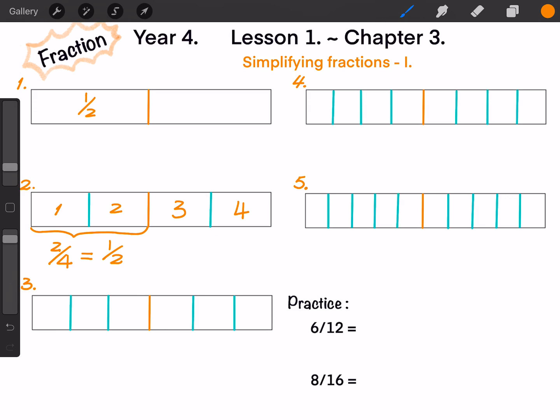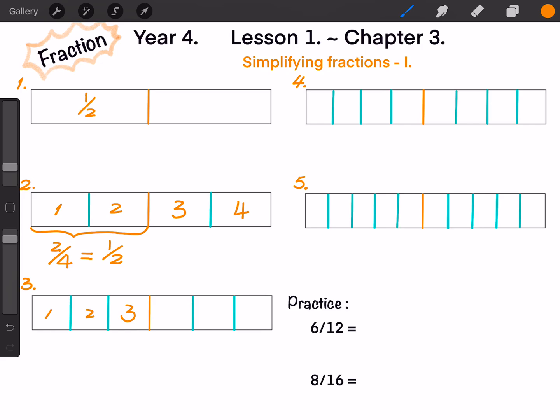Nice. Now, the third rectangle. Again, the orange line divides the whole rectangle into 2 equal parts. Then, 2 blue lines divide the left part into 3 equal parts.